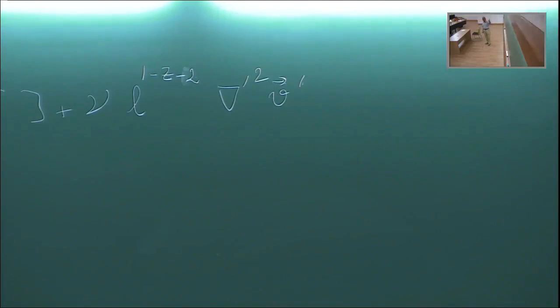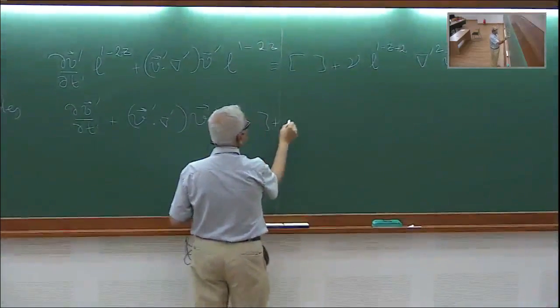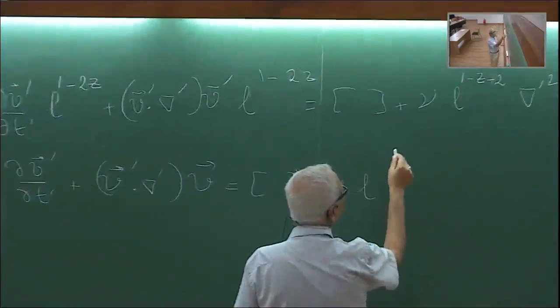So this is supposed to be scale invariant. So let me write the next step. Del V prime, del T prime, V dot grad V prime is this plus nu L to the power.